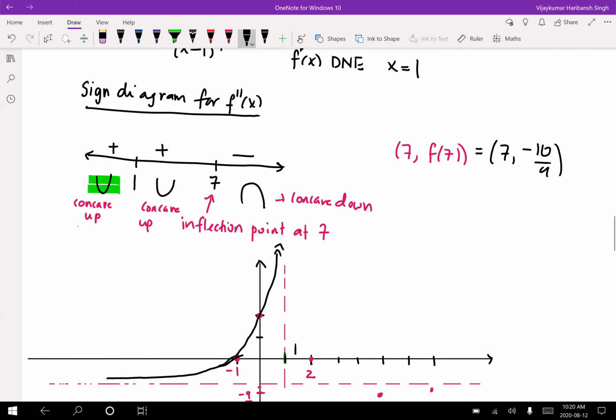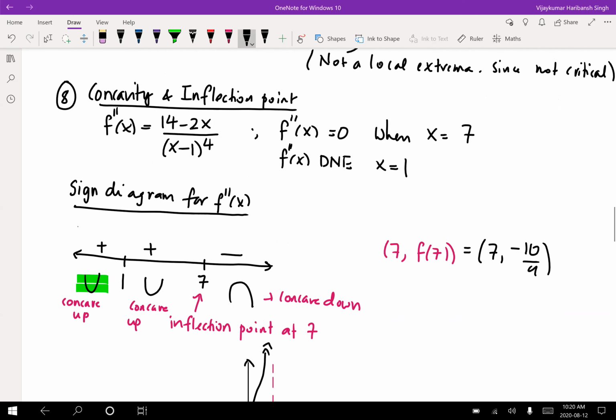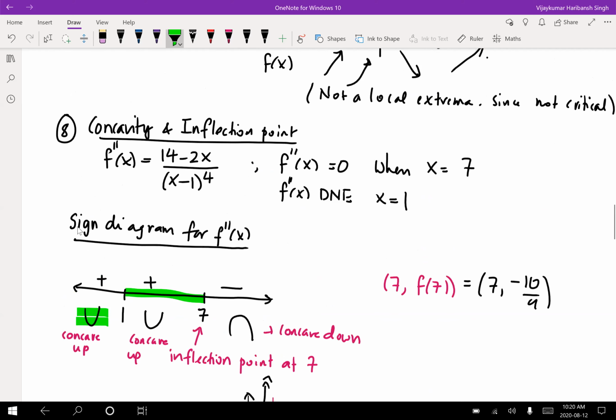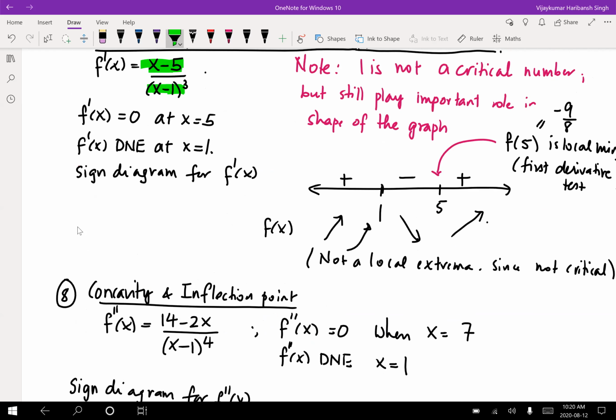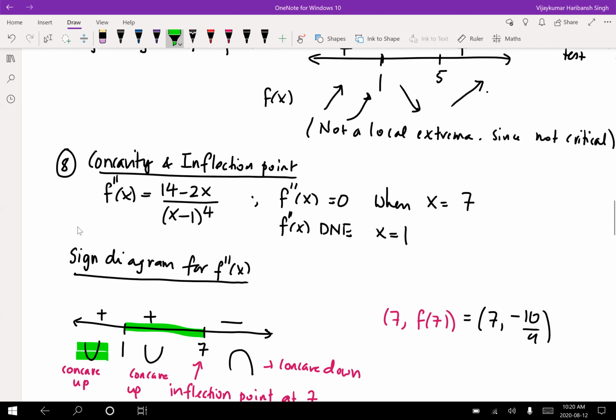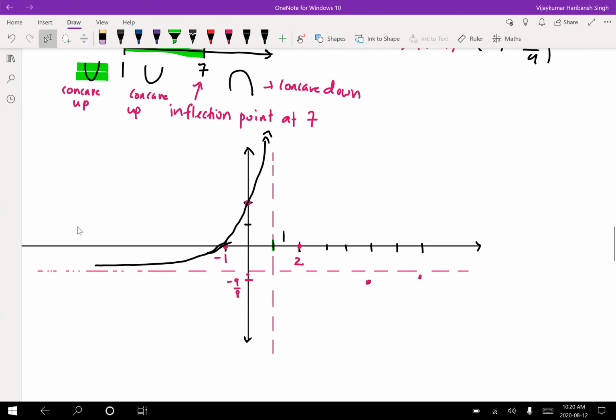Now, for the other part, from 1 onwards, it's still concave up until 7. So we'll concentrate until 7. And what about the function, is it increasing or decreasing? It's decreasing until 5. So let's concentrate from 1 to 5, where the function is decreasing. The asymptote was again going to infinity here.